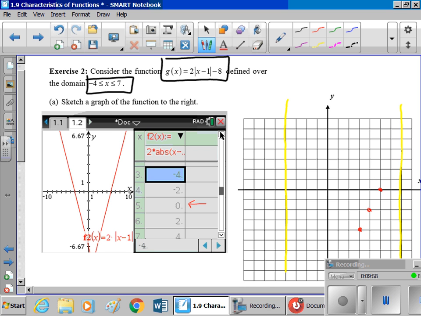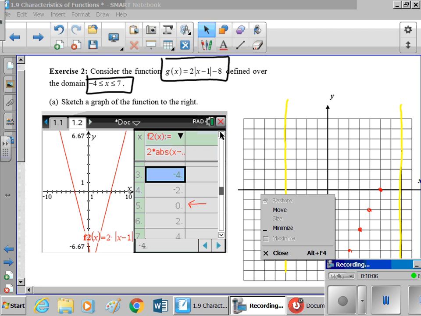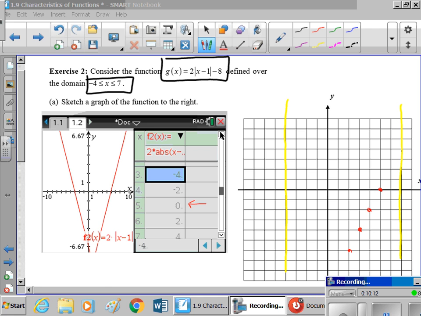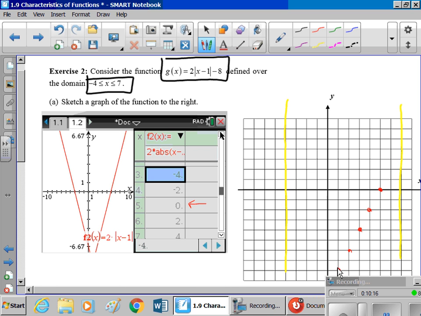All right, so the rest of this, as we pull this up into our calculator, looks like this. Let me slide this down a little bit. Here, that's our vertex right there, and then it comes back up.